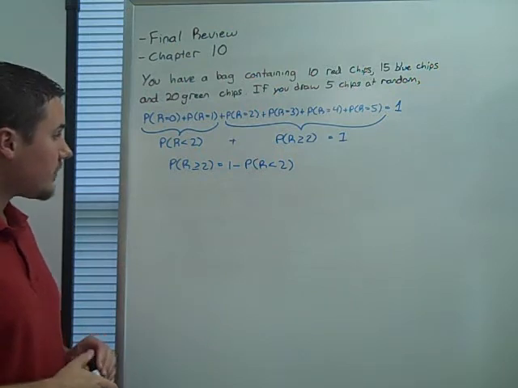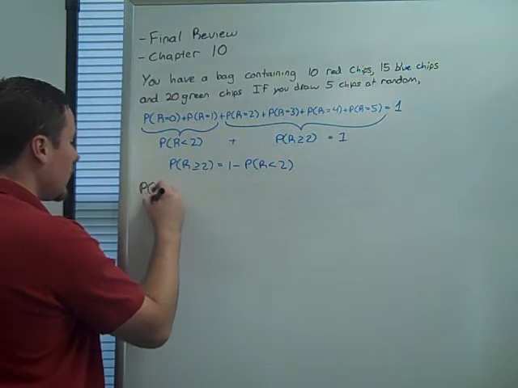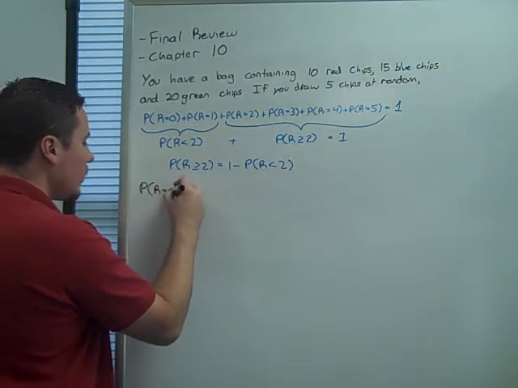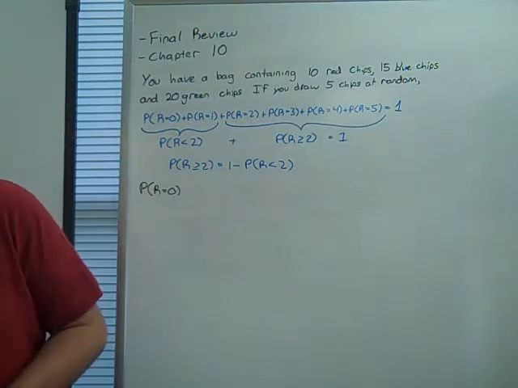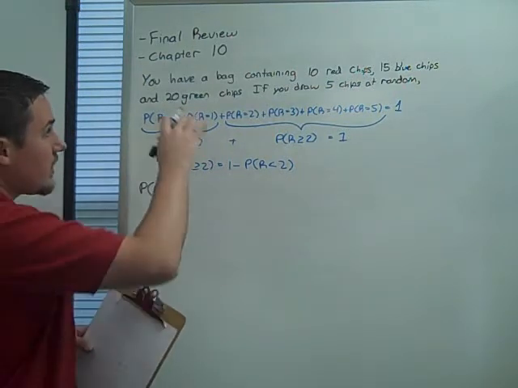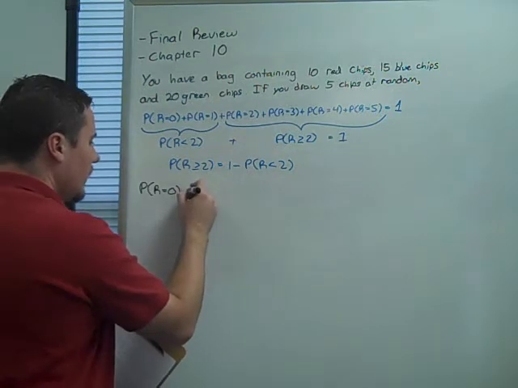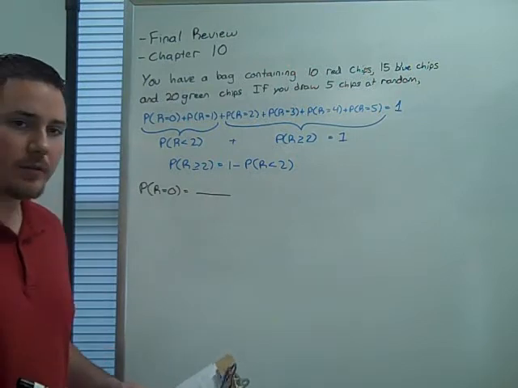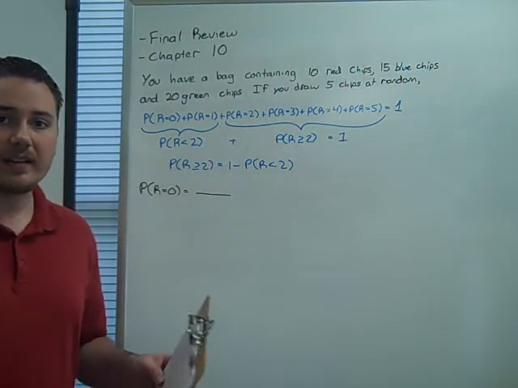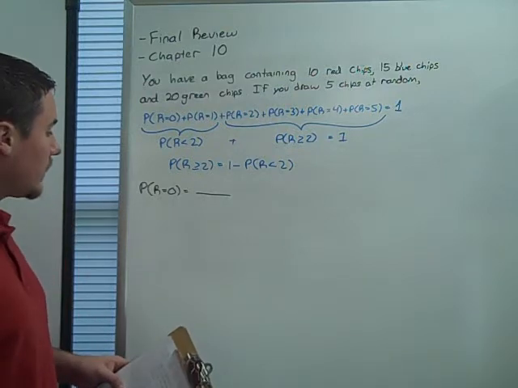So the task before me is to calculate the probability that I get exactly 0 red and the probability that I get exactly 1 red. The way I do this is first I count up all the chips and I find that there are 45. Every probability equation has a numerator, which is the number of successes, and a denominator, which is the number of total ways that you could do the experiment.